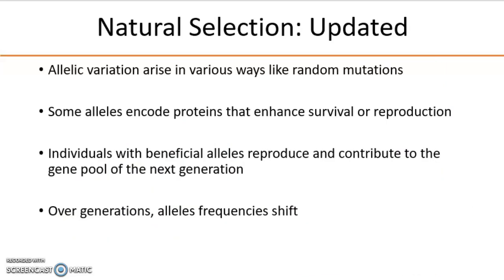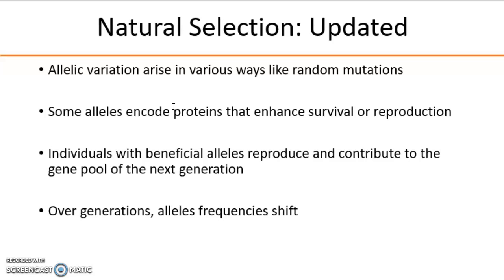Now, since then, and since we've learned so much about molecular genetics, there's a push to update the natural selection requirements, okay? One is saying this allelic variation arises in various ways like mutations. So there's variation, but now it's saying not just at the phenotypic level, but at the molecular level, we know that there are these mutations.